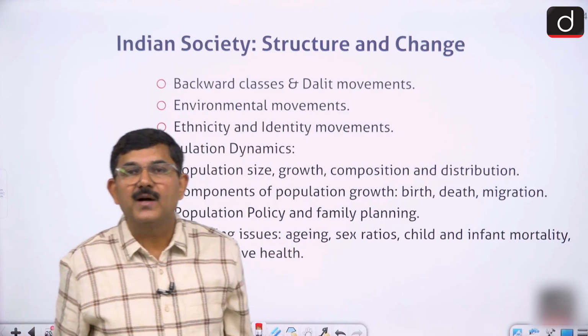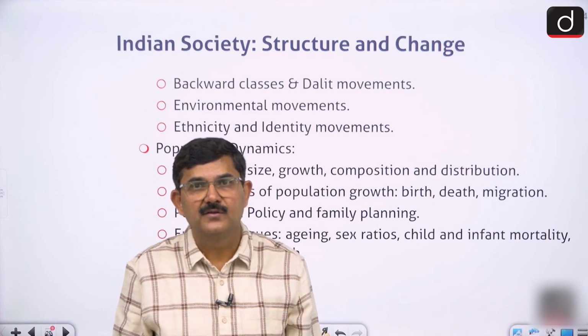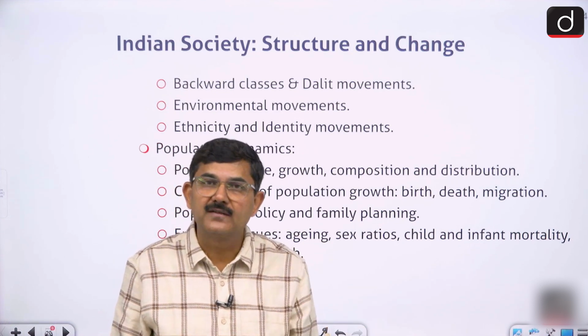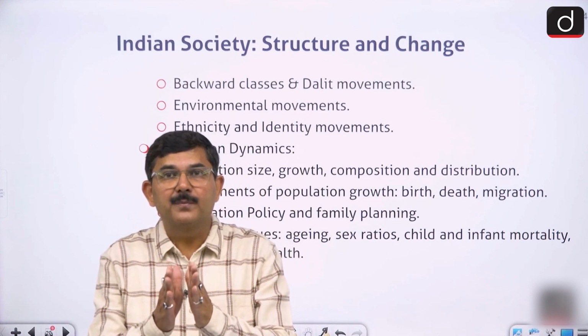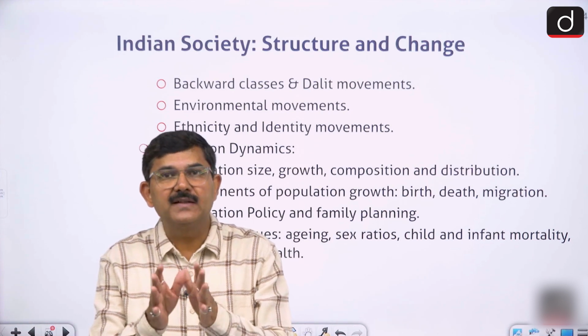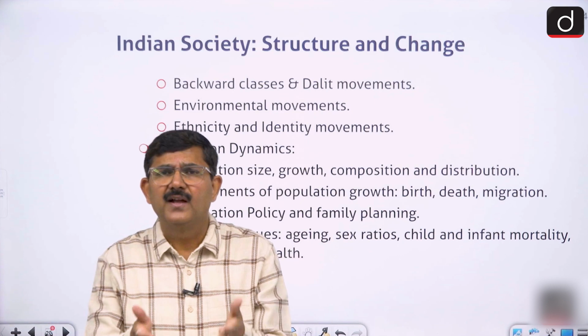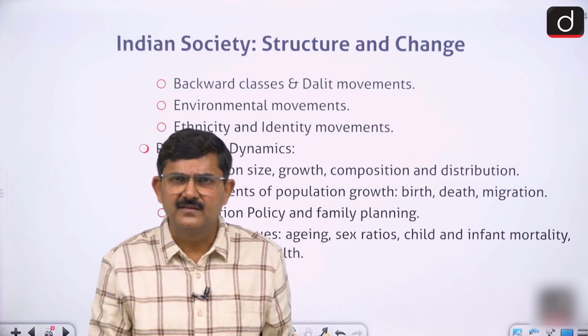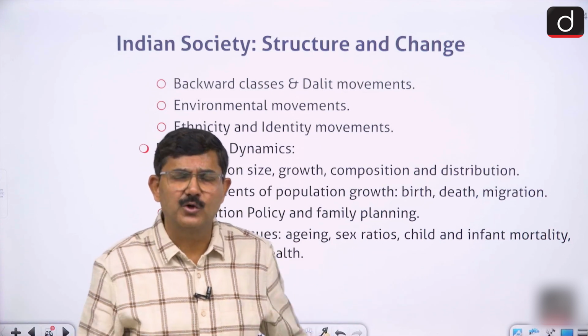Yes, these movements are provided in a book written by Ghanshyam Shah. So if you want to read, you can go through that. But I provide it in the form of crisp notes. I provide everything from the same book, because you get questions from the same, and just rely on that. Just go through that and you find the answer of each and every question related to these topics.